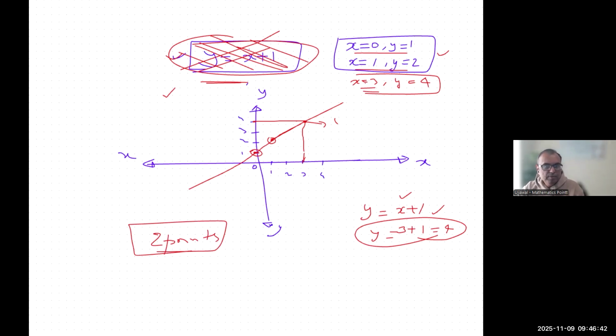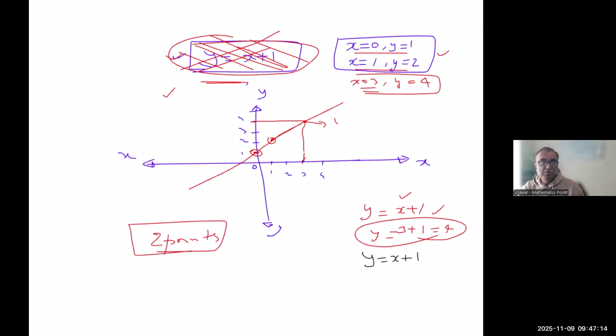Now, can you tell me the relationship that you have here, y equals x plus 1? So far what we've done is we have given x as an input and we got y as an output. Now, we are going to give y as an input and get x as an output. We can do either way, not a problem.